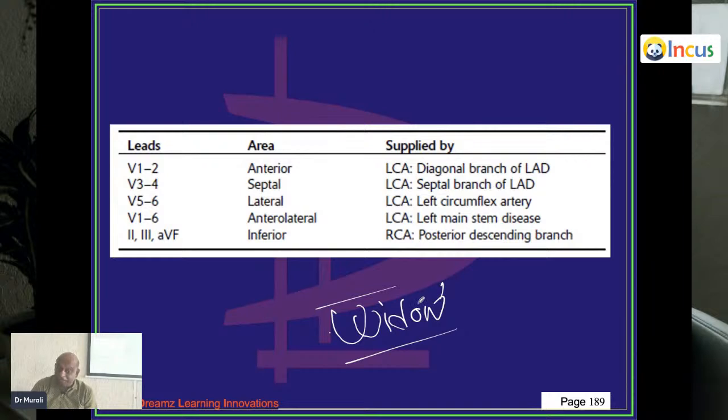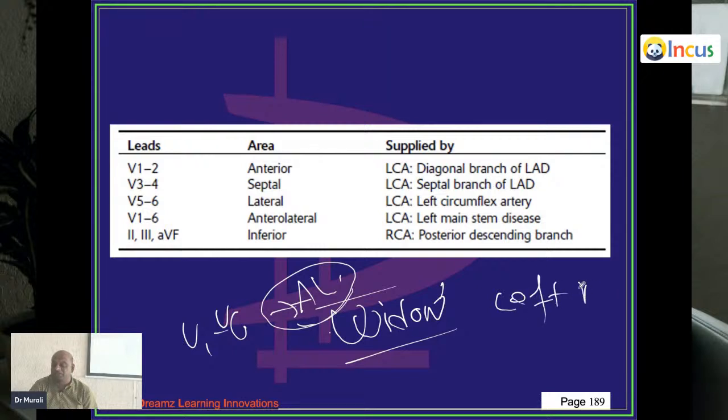V3, V4 is called septal. It is the septal branch of the LAD and LCA. V5, V6 is called lateral. It is the left circumflex artery which is responsible. V1 to V6 is called anterolateral, and it is the left main stem disease which is responsible, is what you need to remember.